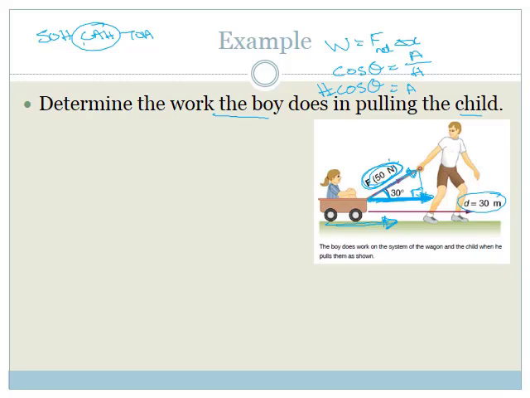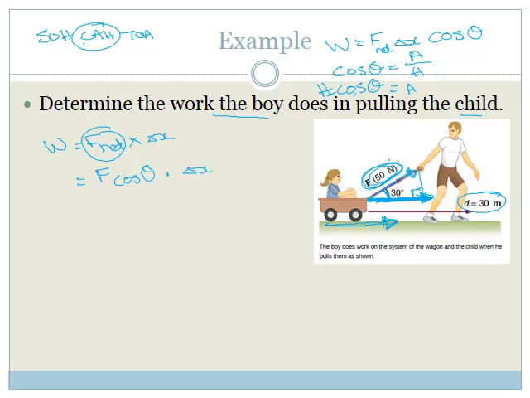That would be 50 cos theta. So that's where this definition of F net delta X cos theta comes from. It's actually saying the work is defined as the net force times the displacement, as long as the displacement is in the same direction as the net force. In this case, the net force is F cos theta times delta X.